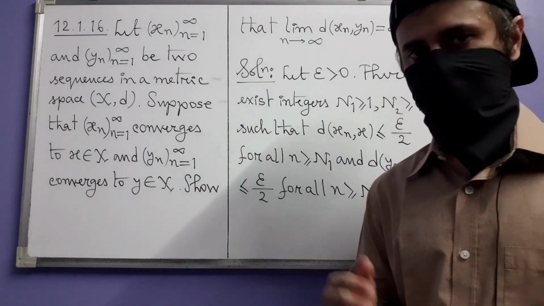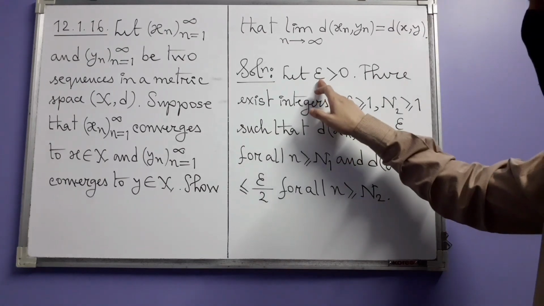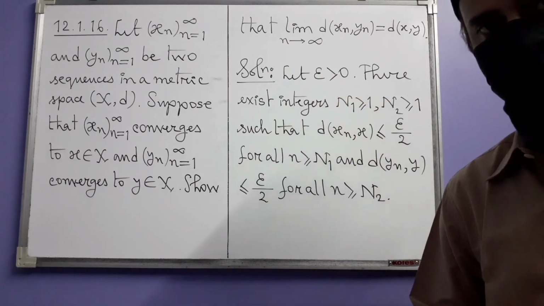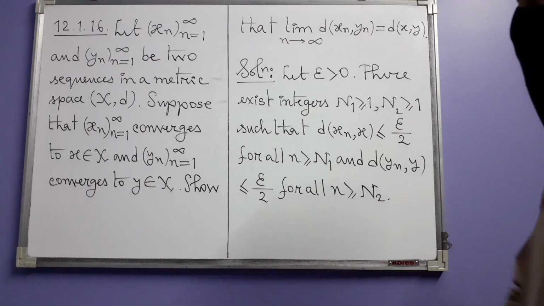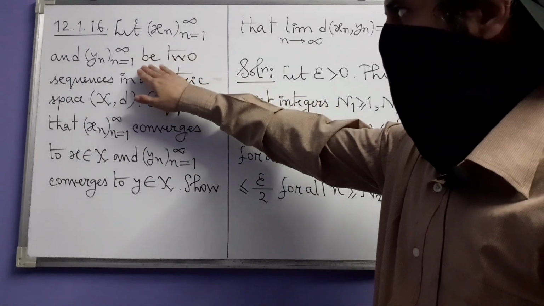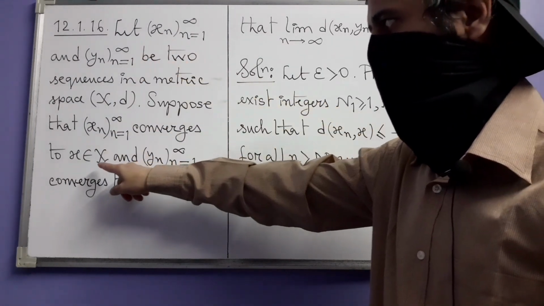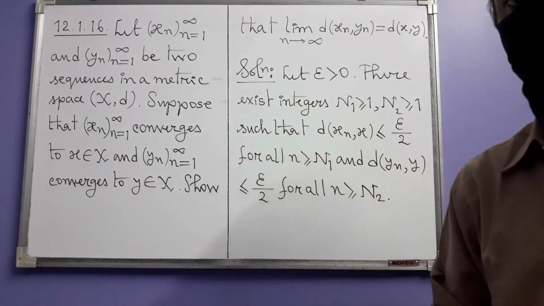The solution, as usual, starts by considering an epsilon, which is any positive real number, and then we are immediately going to use the fact that these sequences converge respectively to these points x and y.